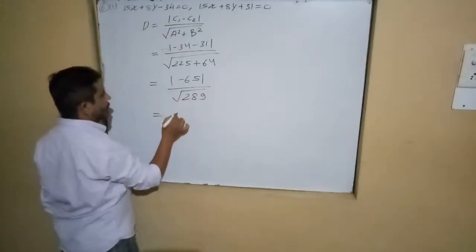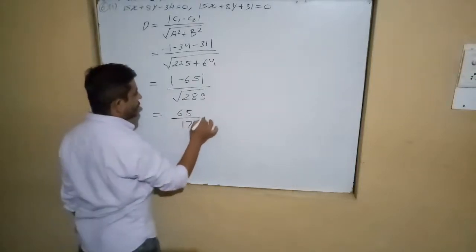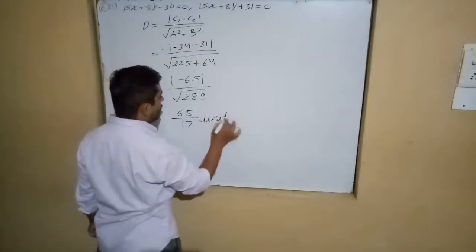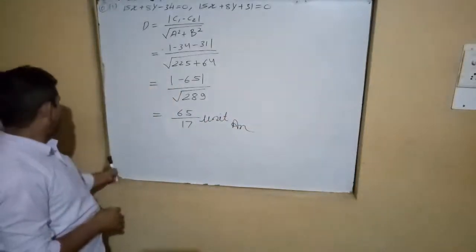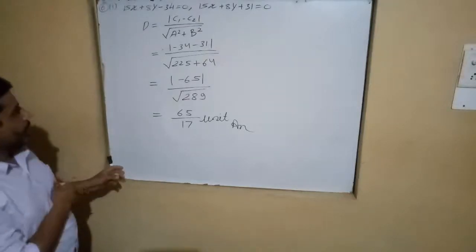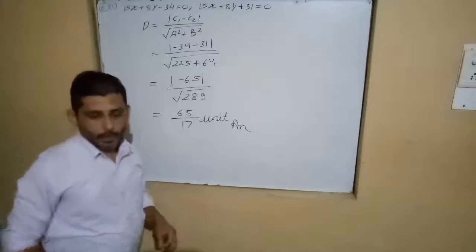So when we remove the modulus, 65 will come upon 17, unit is our answer. So in this question we simply solve by using the formula.